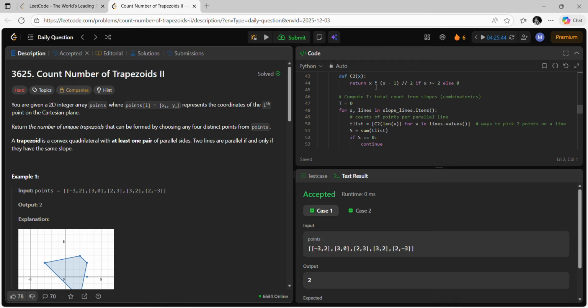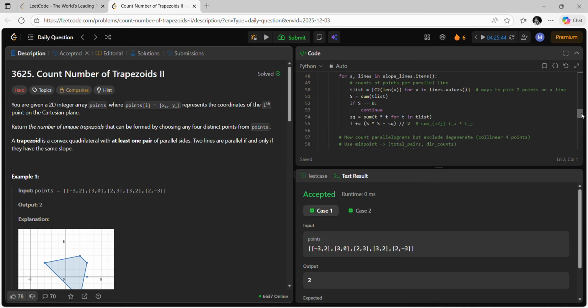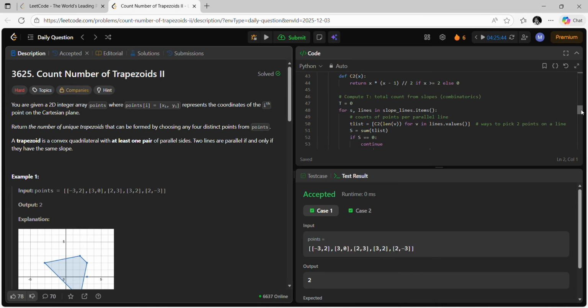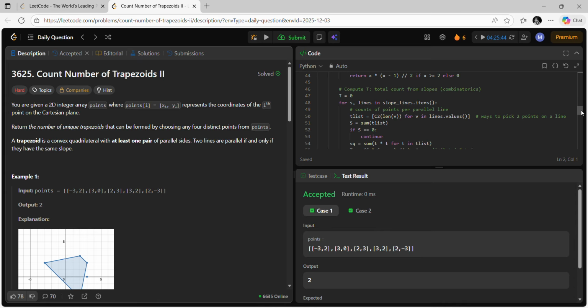In lines 46 to 55, we compute T, the total number of candidate quadrilaterals counted by slope, where two opposite sides are parallel with that slope. And why?